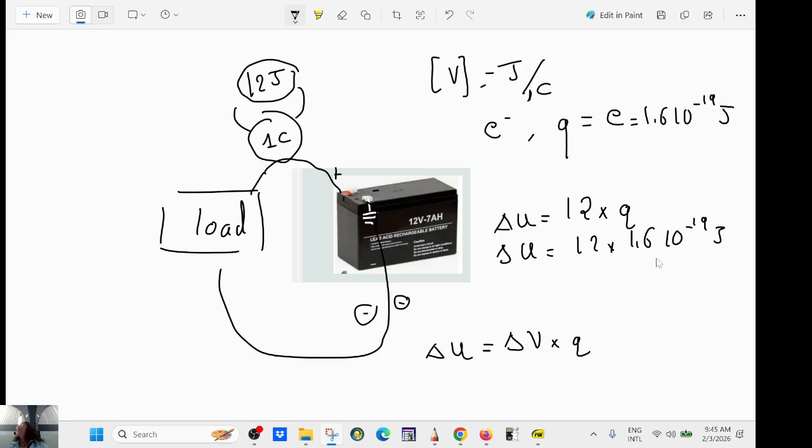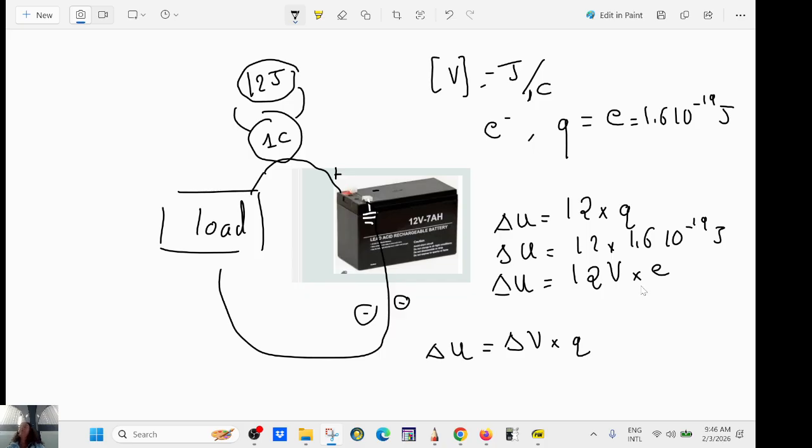But this is annoying because you have scientific notation and 10 to the negative 19. Instead, and this is used in chemistry and nuclear physics, the electric potential energy will be just 12 volts times e, where e is the charge of an electron.